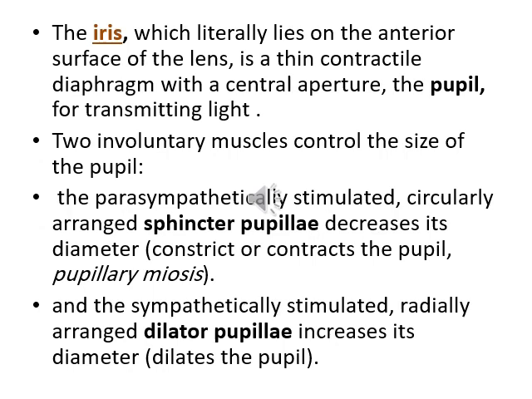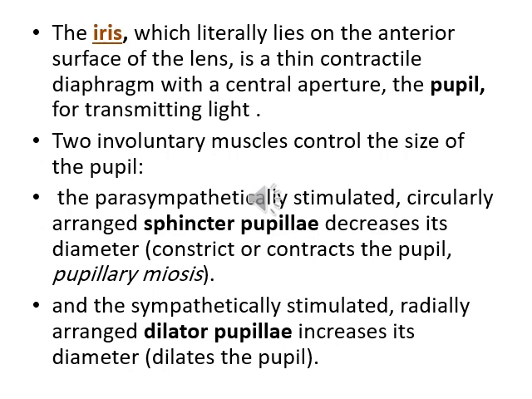In the middle of the iris we have a central aperture or opening. We call it the pupil. The pupil transmits light to the retina. We have two muscles within the iris, voluntary and involuntary muscles, supplied by the parasympathetic and sympathetic nervous systems.